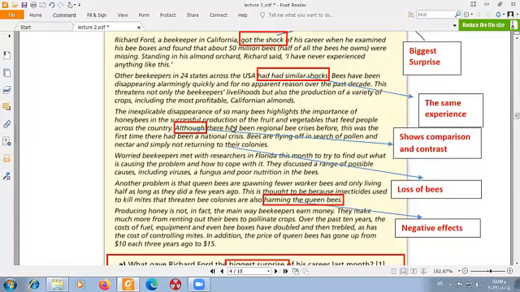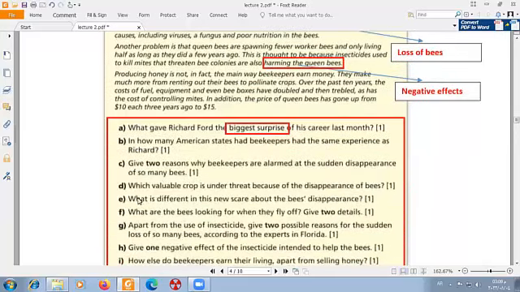Okay. This question is incorrect. D. The answer of D, Rivan. Yeah. D. Which valuable crop is under that threat because of the disappearance of B?